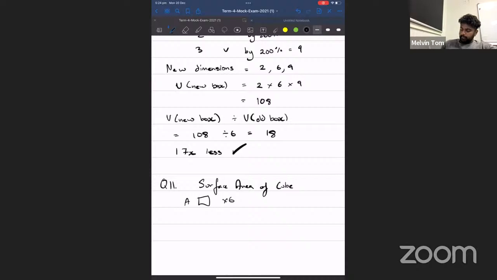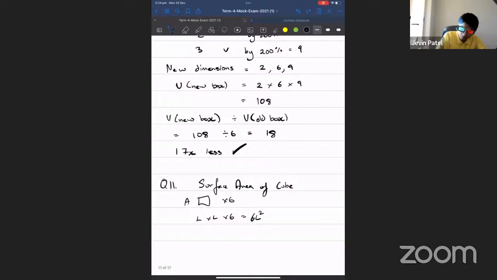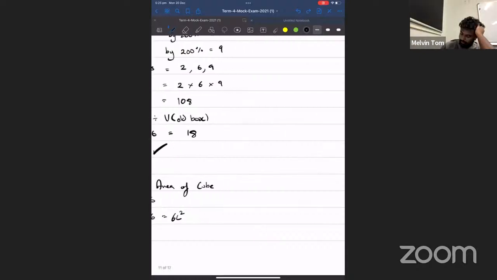So the surface area of a cube is length times length times 6, which is 6L squared. So L multiplied by L multiplied by 6 equals 6L squared. All right.